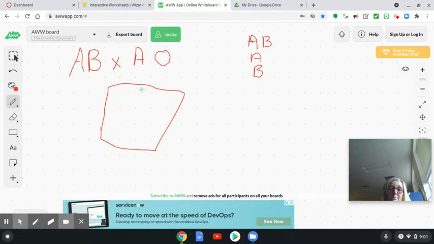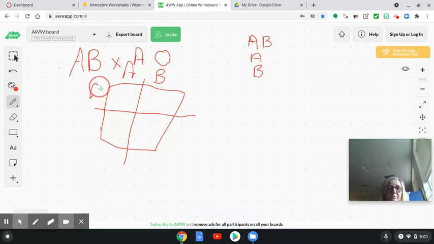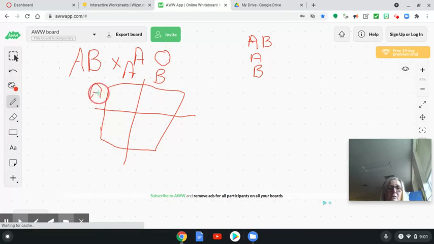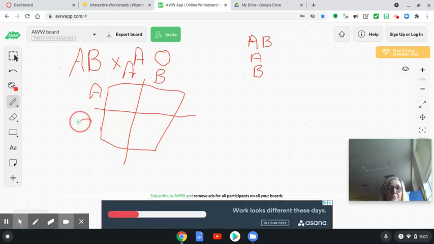Wow, you can tell I'm great today. Look at that Punnett square. Okay, so we have A, we have B, we have A, and we have O. So this is going to be AA.